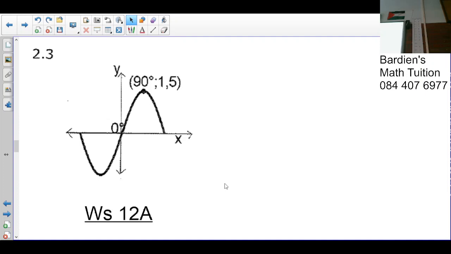But you all agree it's a sine graph. How do we know that? Because it starts at 0. It starts in the middle. Then it goes to 90 and 1.5. Now, is this going to be a positive or negative sine graph? Positive. So the equation of this graph is y is equal to sine x.